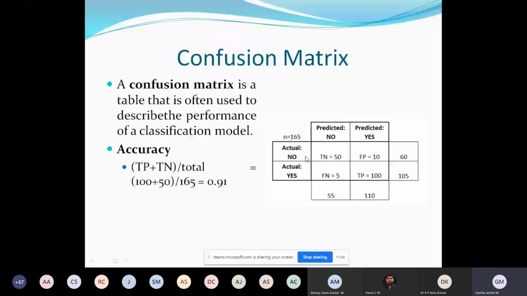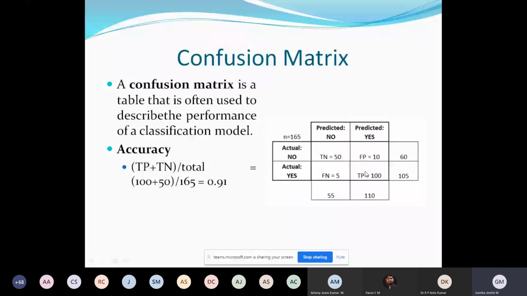Actual no, predicted yes is a false positive. Actual yes, predicted no is a false negative. Actual yes and predicted yes is a true positive.